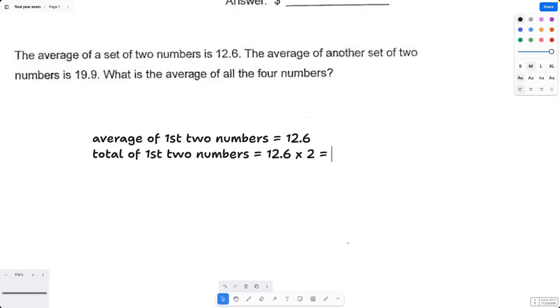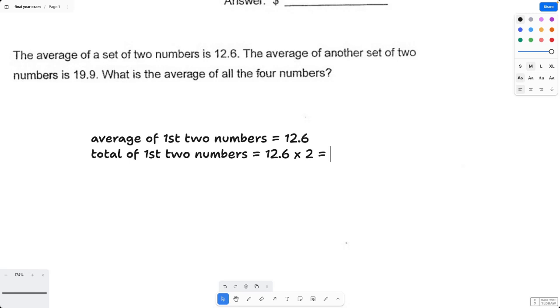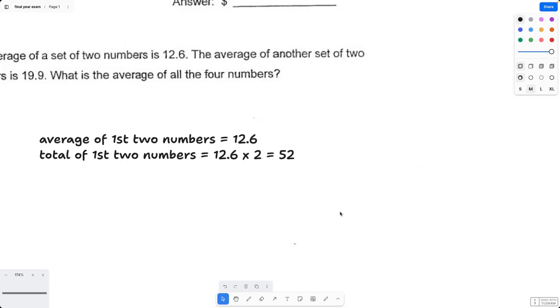This will give you, 12.6 times 2 is 52, no, not 52, sorry, 25.2. So how do you get 25.2? 12.6 times 2, just to double check.